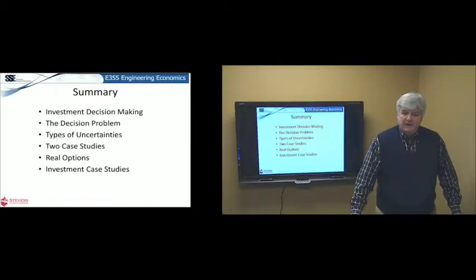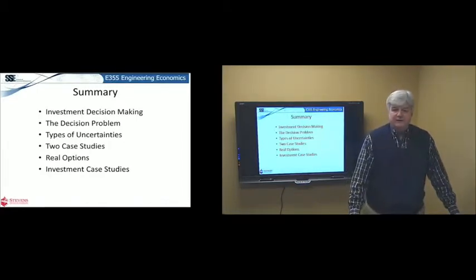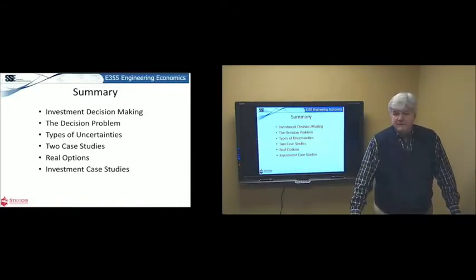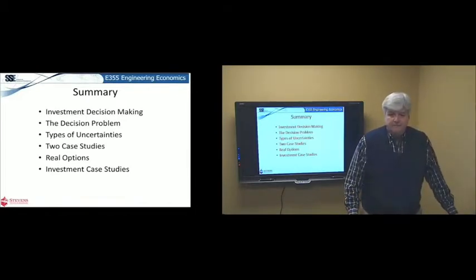Real options allowed us to take all those uncertainties and hedge them. Now, what do we mean by hedge them? We were able to have an exit point that allowed us to avoid the full brunt of all the uncertainties, especially as they manifested themselves over time. Then we presented 14 case studies that allow us to see how these things are used in real decision making.